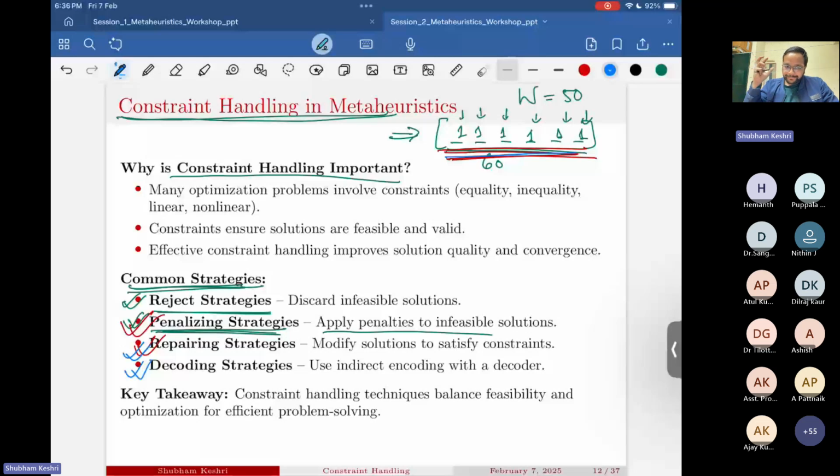For example, in the traveling salesman problem, the permutation representation itself has the constraint and doesn't allow for infeasible solutions. And then you decode the solution. What is the decoding? You take the distance of each of the legs and add them up. So this is one example of a decoding strategy. Okay, so this is how we handle constraints.